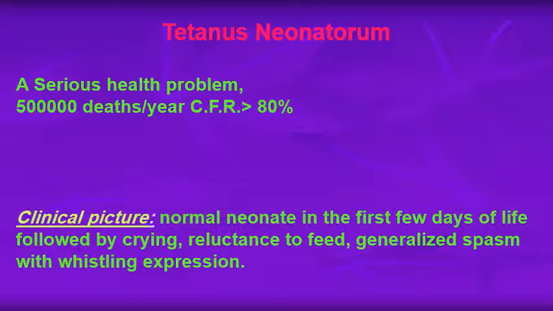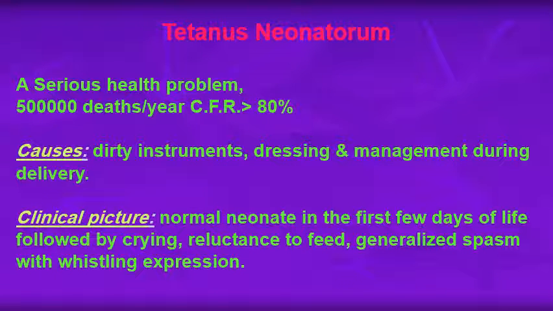Tetanus neonatal. Well, from its name, it is tetanus of the neonates. It is a very serious health problem because each year we have at least 500,000 deaths of infants, of young innocent infants that should not die if we have a good preventive health system.